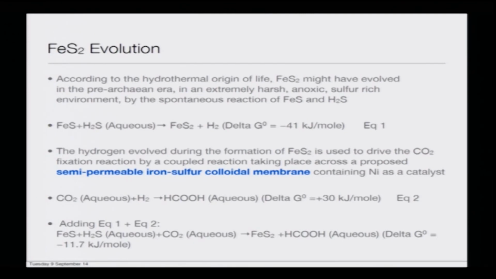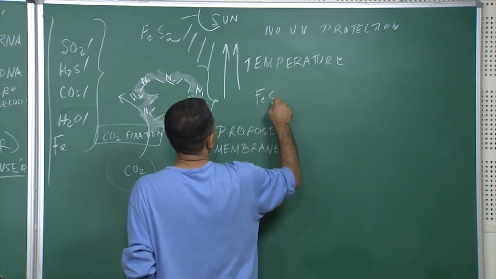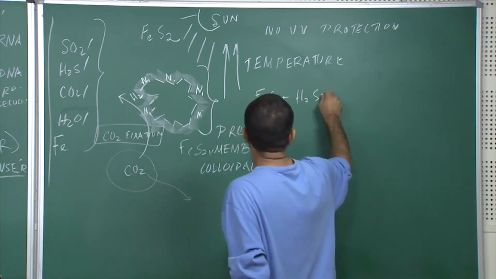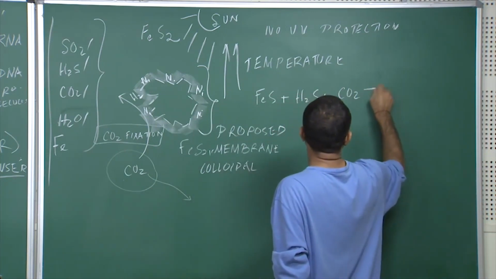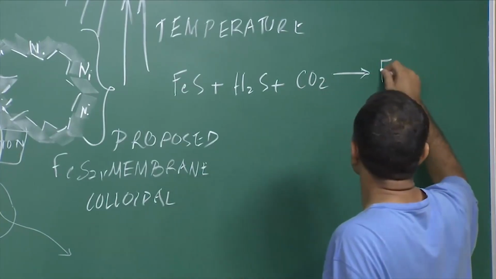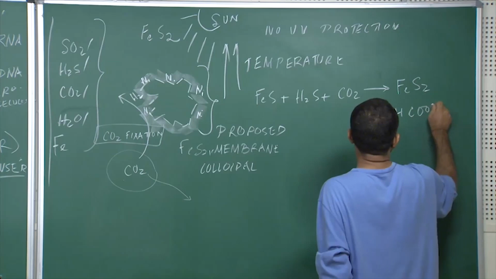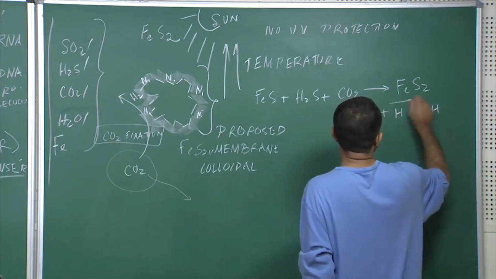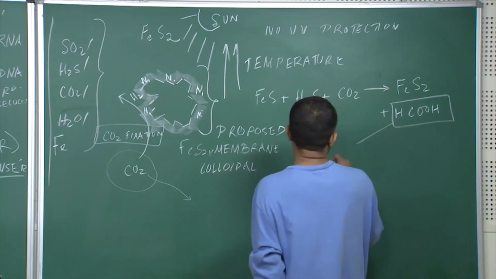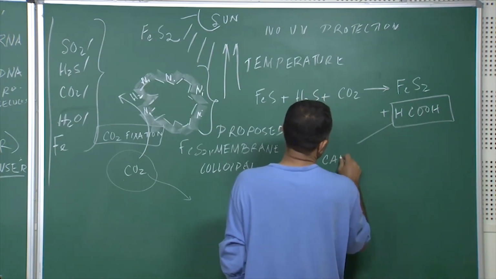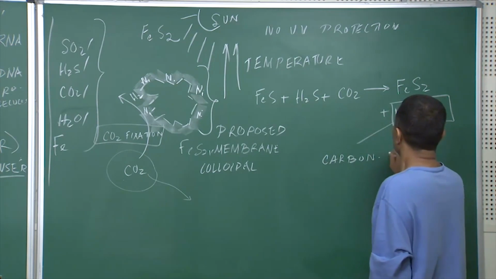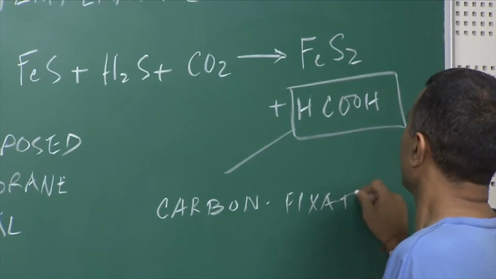Now, if you add reactions 1 and 2, FeS plus H2S plus CO2, you are getting FeS2 plus HCOOH. So, this is your carbon fixation.